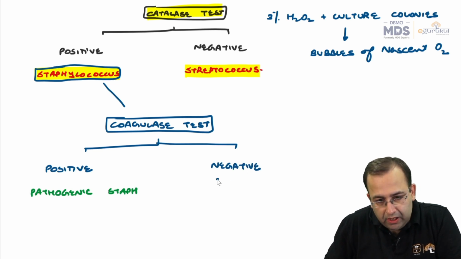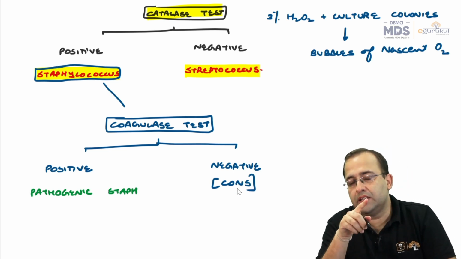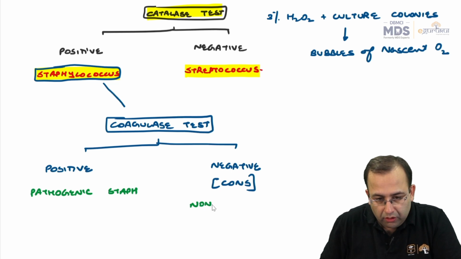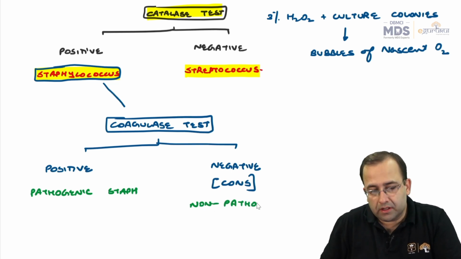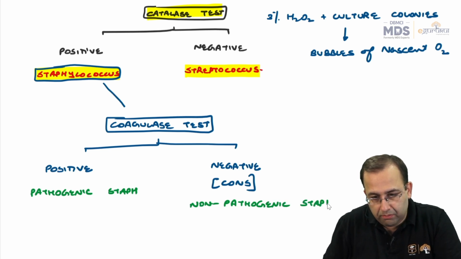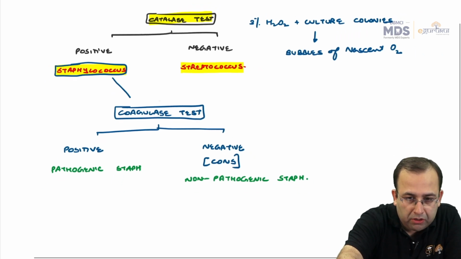Coagulase negative, in short, is also written as CoNS. Coagulase negative staph is the non-pathogenic staph.